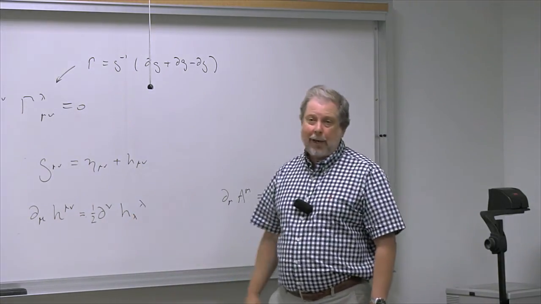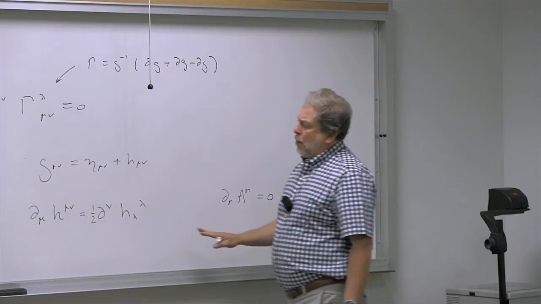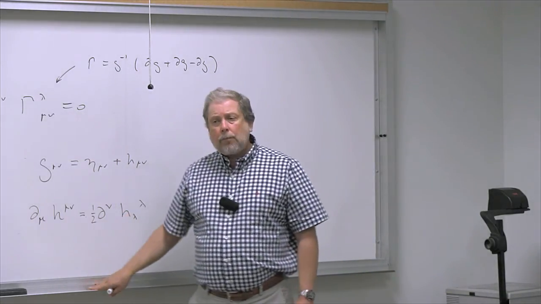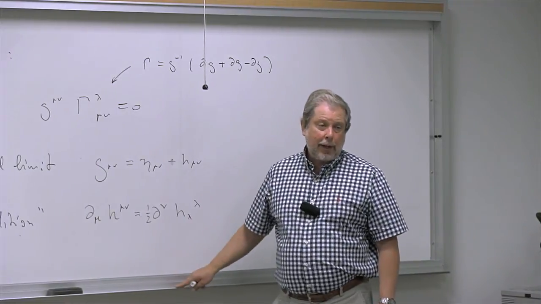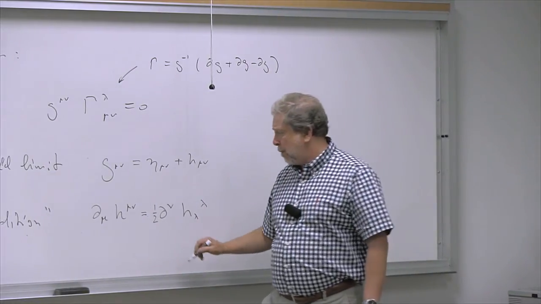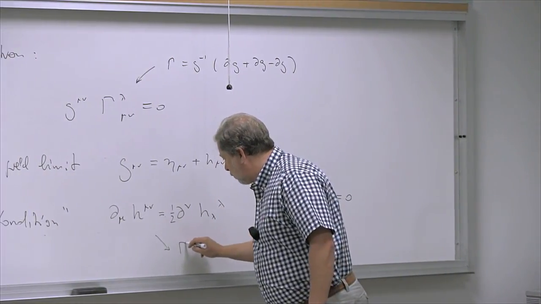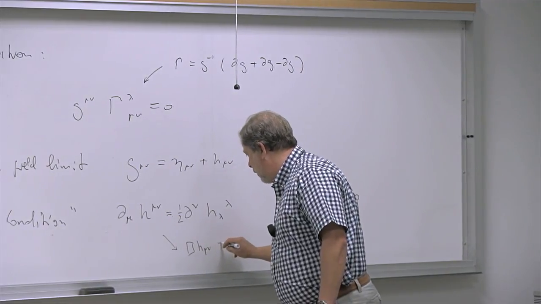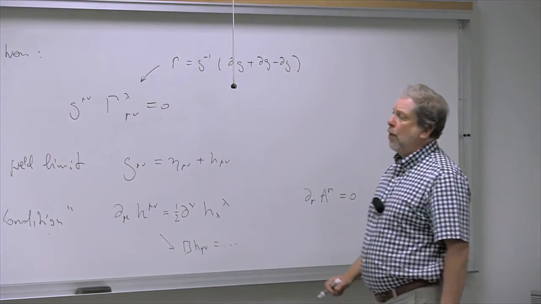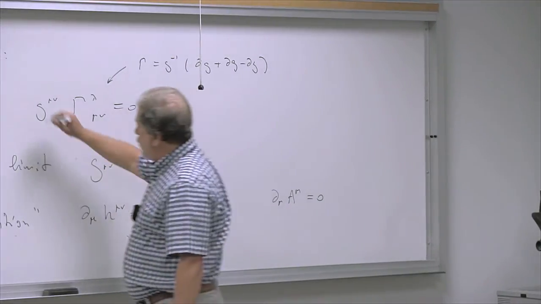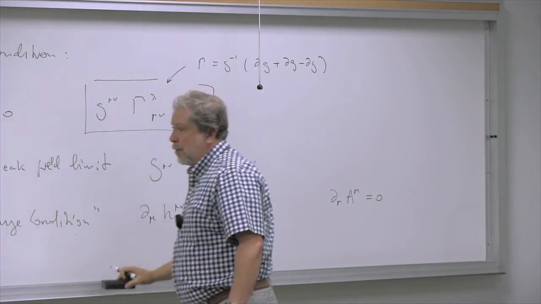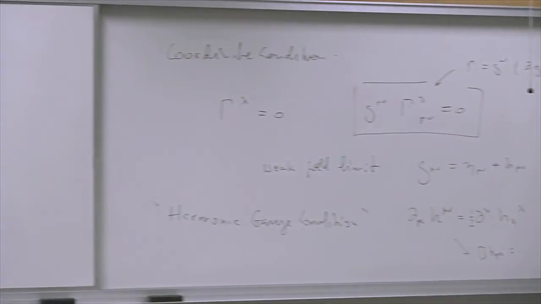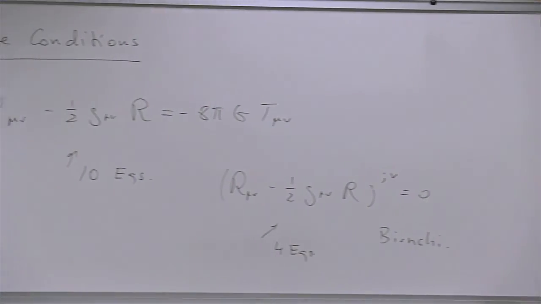In fact, there are 4 terms altogether when you write down the left-hand side of the field equations, and 3 of those cancel out in the harmonic gauge, and you're just left with box h. Box h mu nu is equal to what I just wrote before. So this condition is a useful one, and it is one that we will consider in the future.